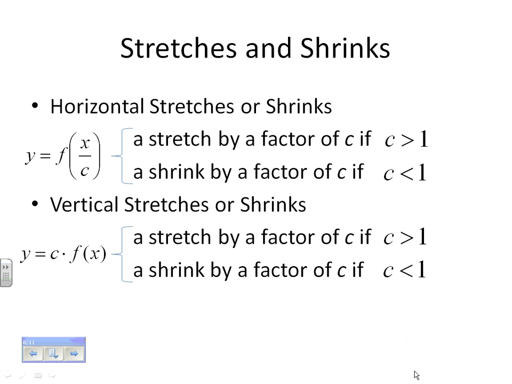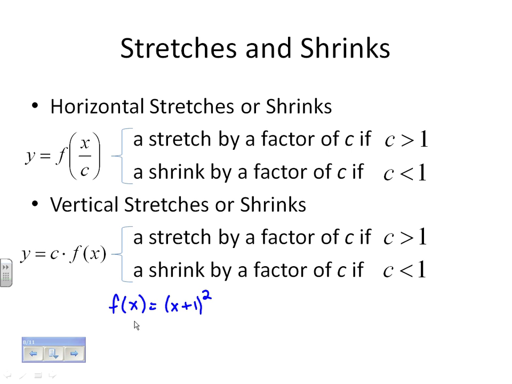Okay, horizontal stretches and shrinks and vertical stretches and shrinks, these are the non-rigid transformations that we have. If I have a function like this, I have x plus 1 in parentheses, I'm squaring it, this is my function.